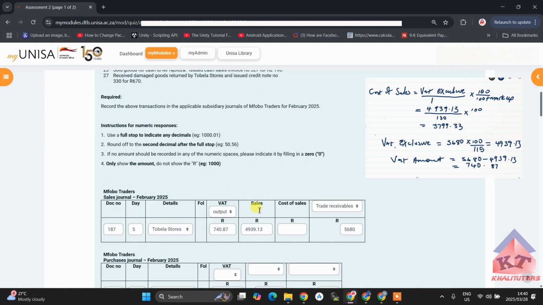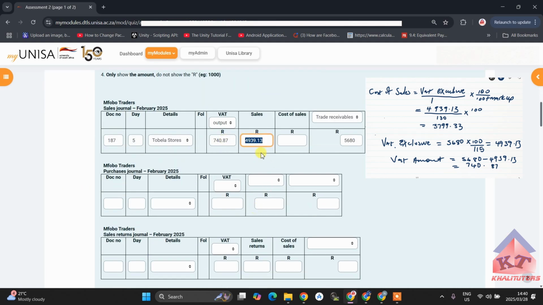Okay, we need to go back here. We're dealing with the sales VAT exclusive amount. Okay, then this is going to be 4939.13 over 1.3, and this gives me the cost of sale is 3799.33.